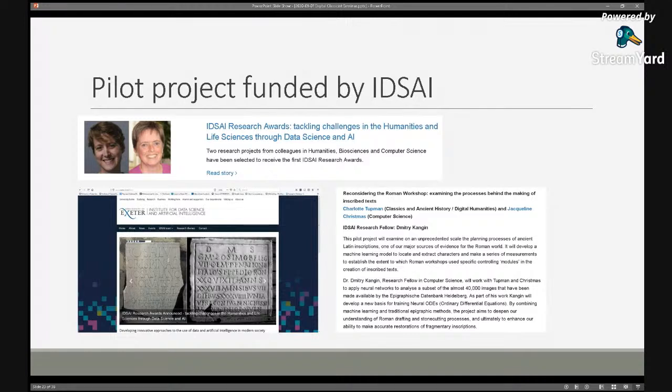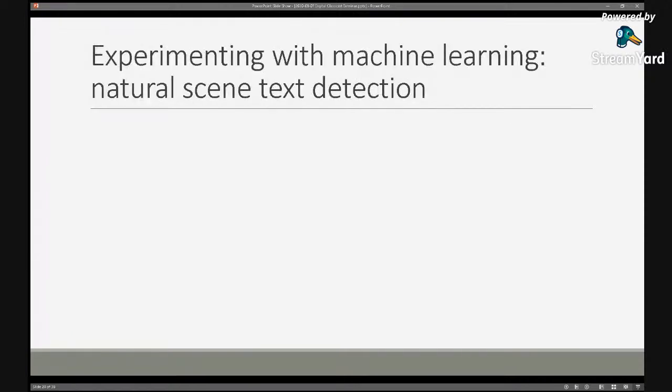So we got together and we managed to get some funding from the Institute for Data Science and Artificial Intelligence at Exeter to employ for a period of 6 months at half time a computer science research fellow called Dmitry Kangin, and we decided to work with him to try and figure this problem out.